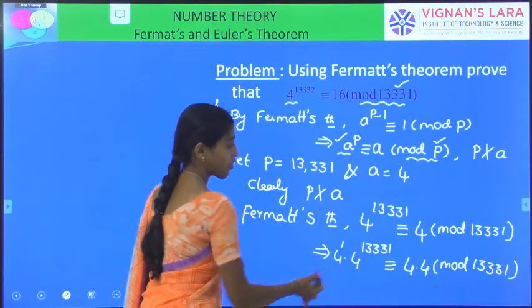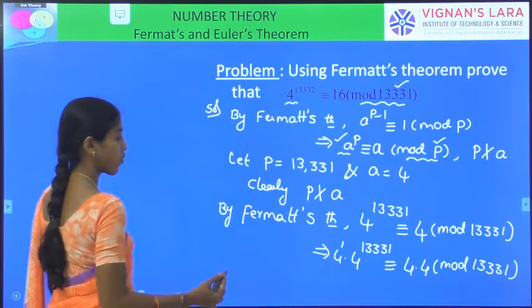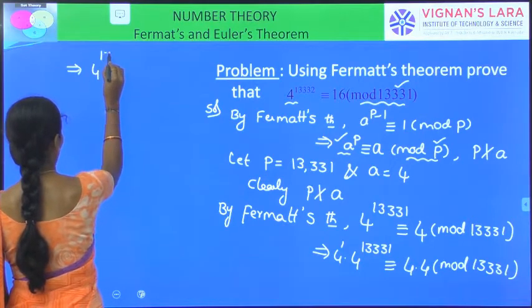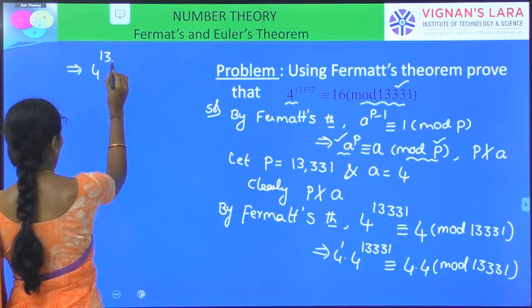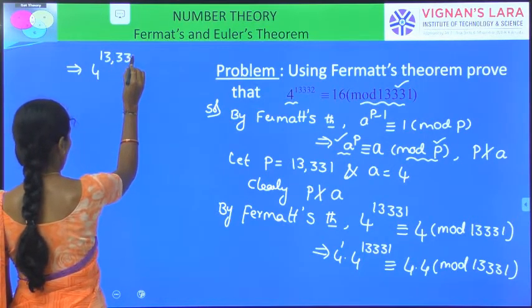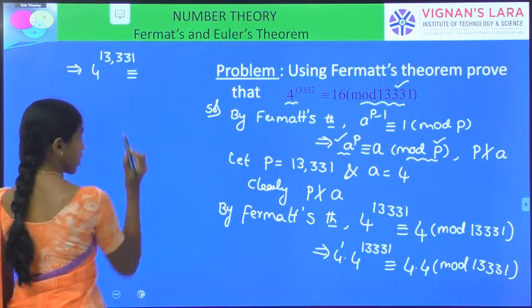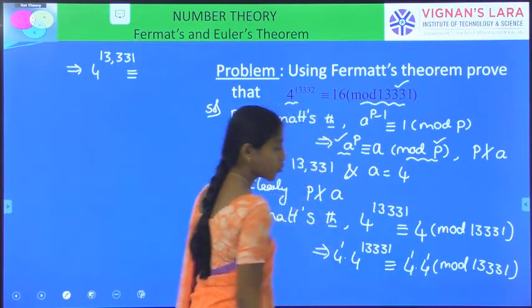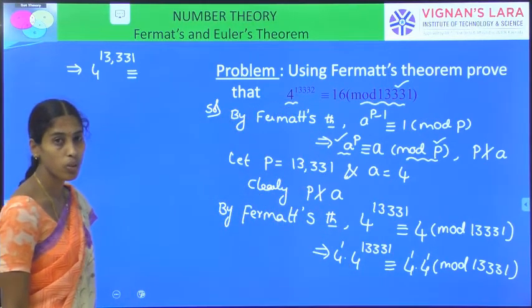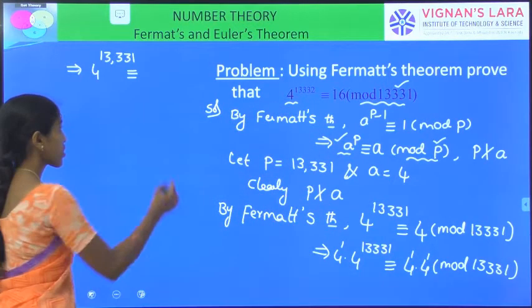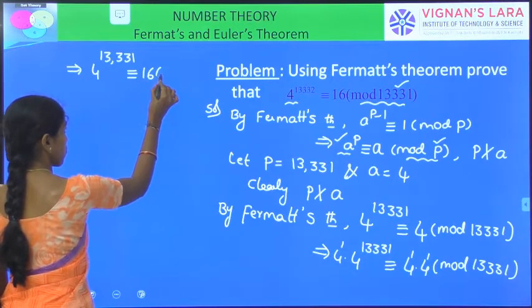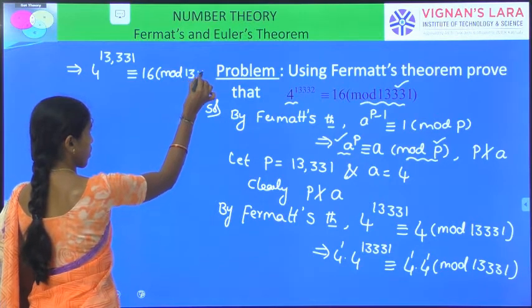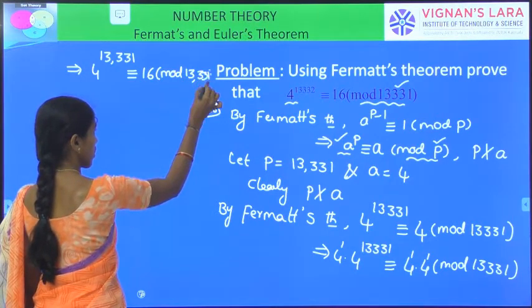Right? So now it is 4 to the power 1 and 4 to the power 13,331. Both bases are the same, so we can add the powers. We will get 4 to the power 13,332, which is congruent to, on the RHS, 4 power 1 into 4 power 1, which is 4 power 2. 4 to the power 2 is nothing but 16 modulo 13,331.